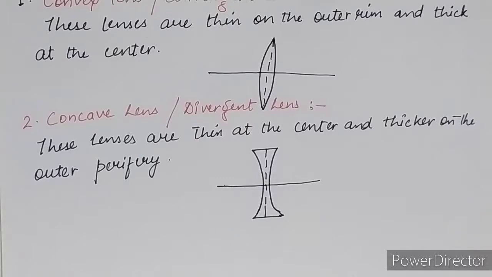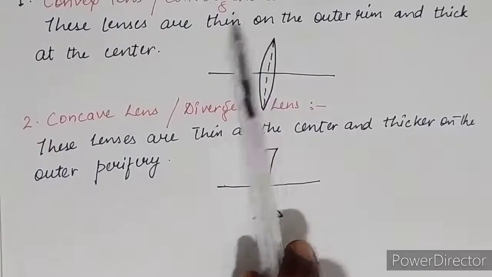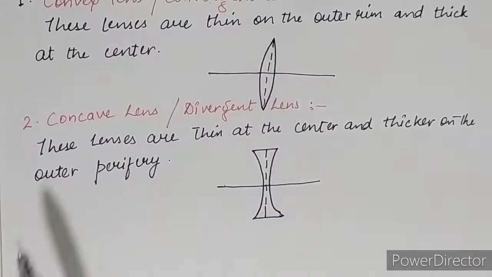In the concave mirror, the convergent mirror, we have 6 ray diagrams and 2 ray diagrams for the convex mirror, the divergent mirror. Similarly, for the convex lens, the convergent lens, we have 6 ray diagrams, and for the concave lens, the divergent lens, we have 2 ray diagrams. The same concept will apply, but in the opposite way.